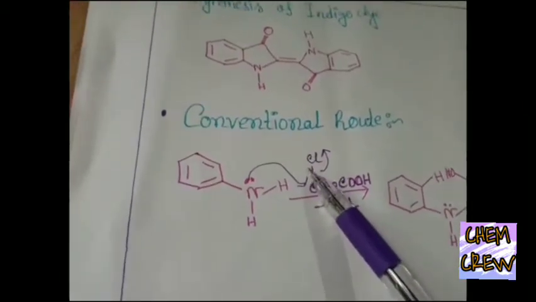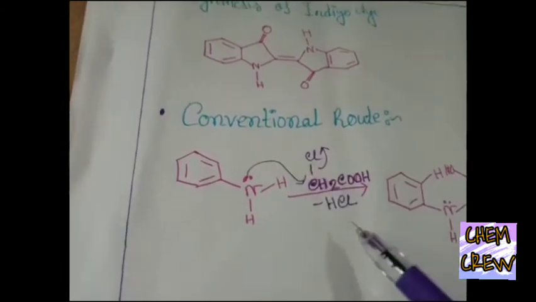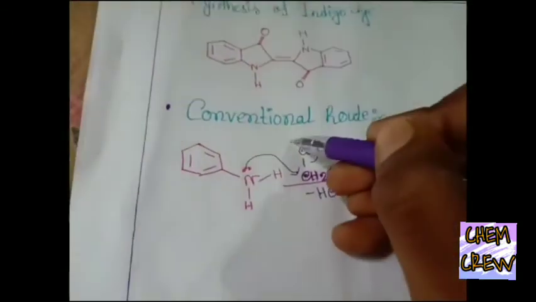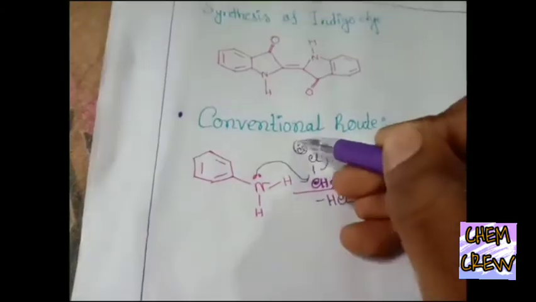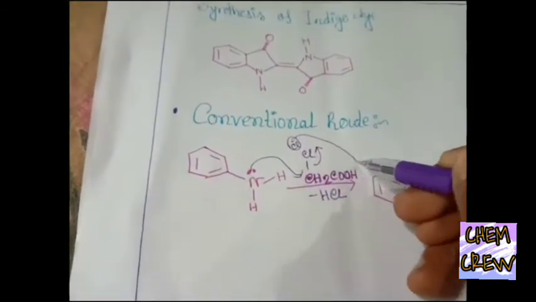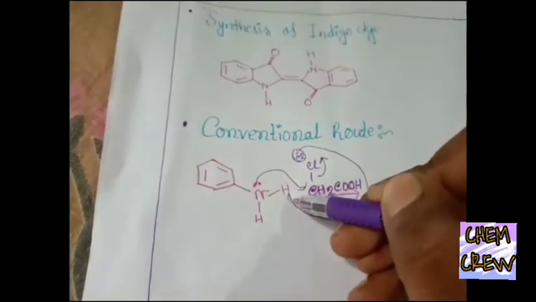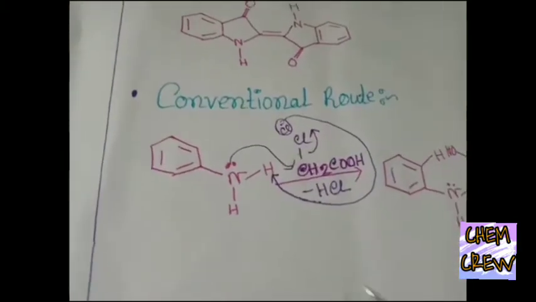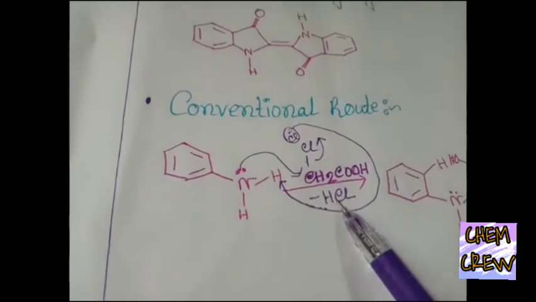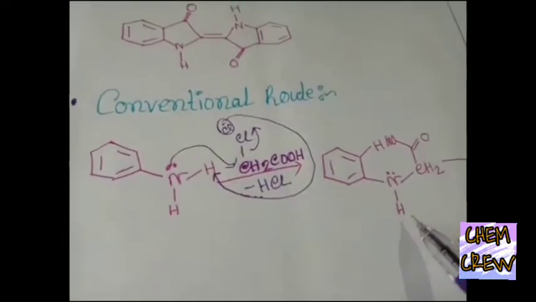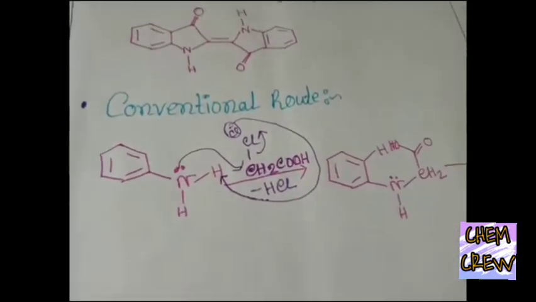Now this negatively charged chlorine attacks the hydrogen, and that is how HCl is eliminated, and we get this product.